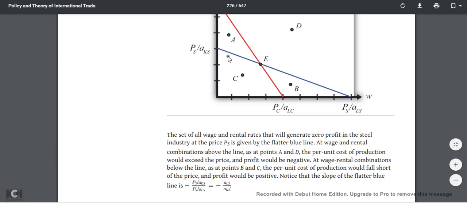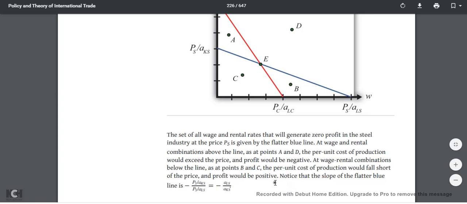So this is for steel. If it is the production of steel, let us take this is the production price line of steel. At any points A and D, the unit cost of production would exceed the unit price, and the profit will be negative.